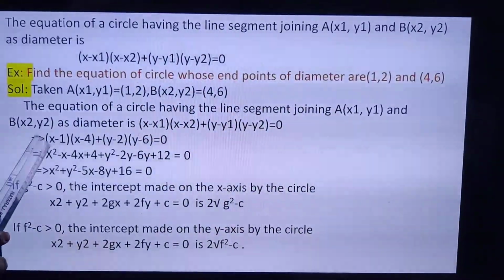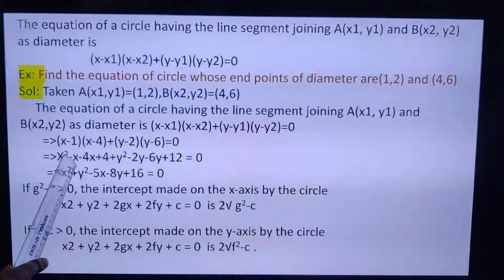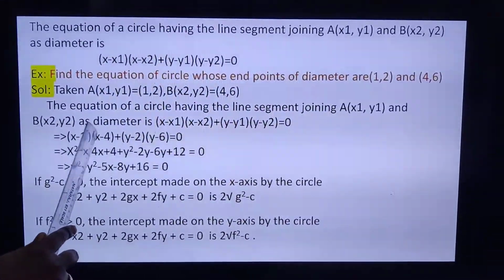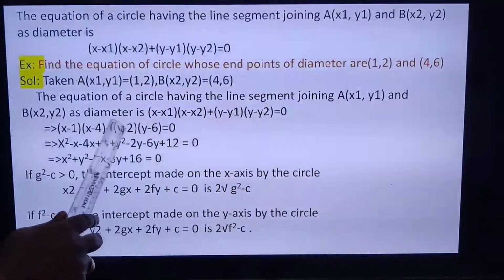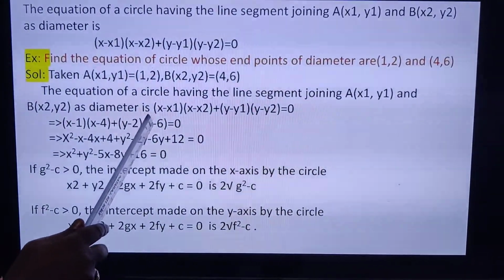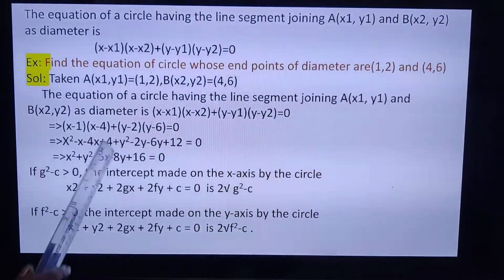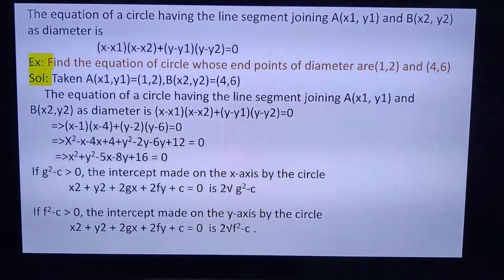After expanding this equation, x into (x minus 4) minus 1 into (x minus 4) gives x square minus 4x minus x plus 4. Similarly, expand y into (y minus 6) minus 2 into (y minus 6), which gives y square minus 6y minus 2y plus 12, is equal to 0.